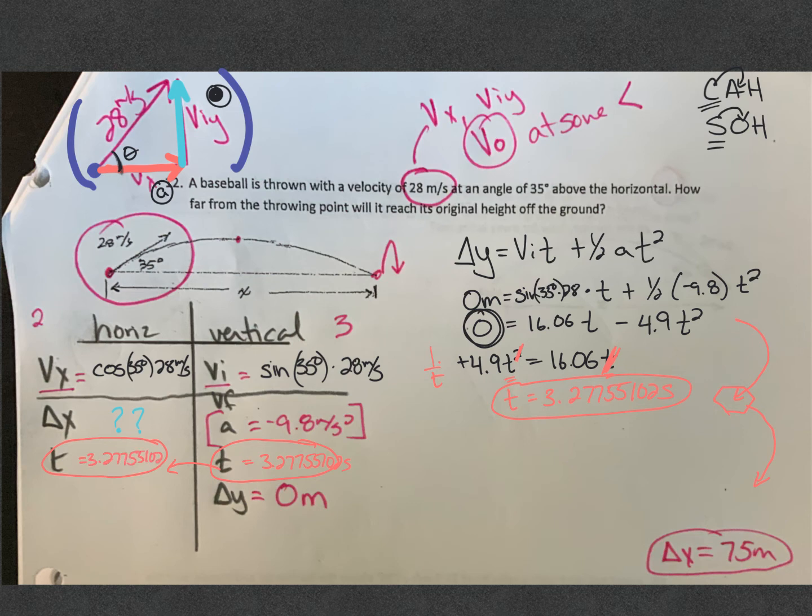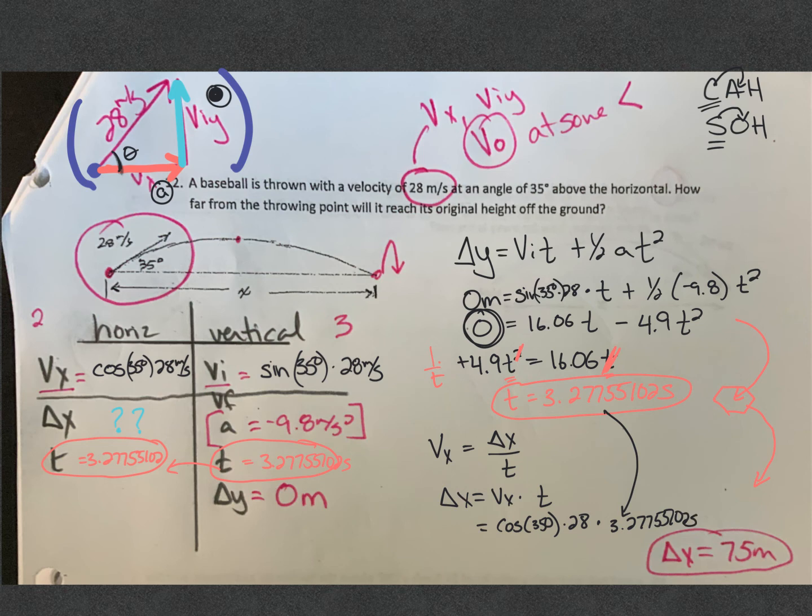What we now see is that we can use our constant velocity, or horizontal velocity equation, Vx equals delta x over t, solve for delta x by cross multiplying, and cosine of 35 degrees times 28 times my time from above, 3.27755102 seconds.